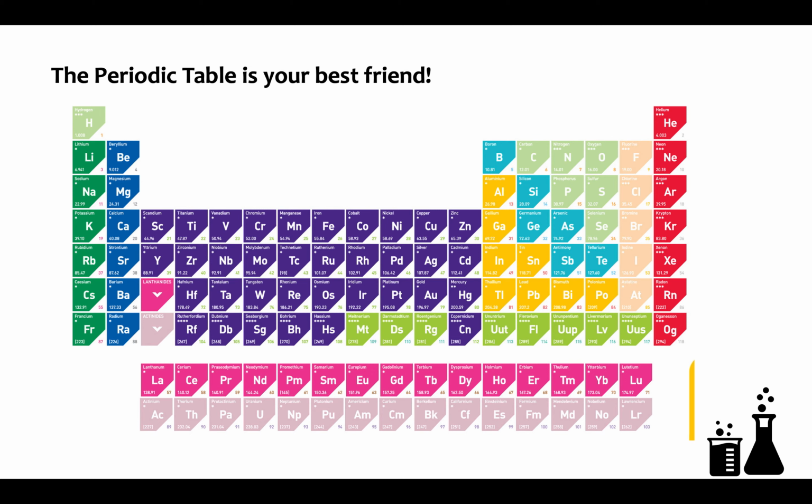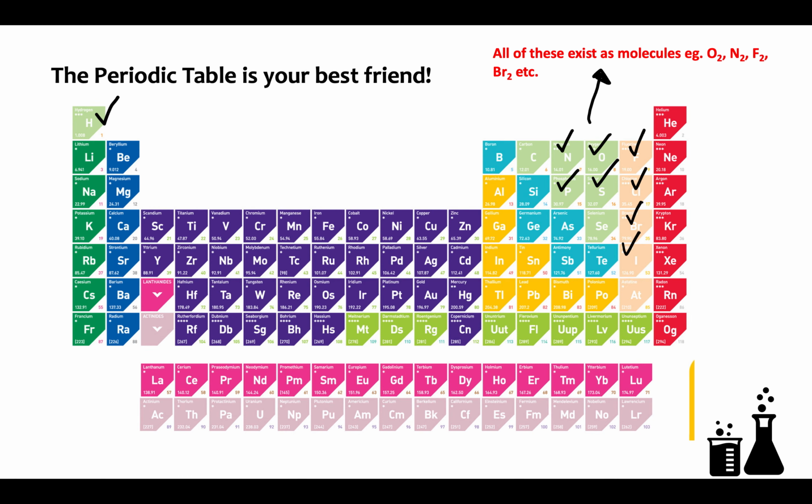Okay, and there are 9 that you've got to be aware of in the National 5 course, and I have ticked these here for you. So oxygen, nitrogen, fluorine, bromine, sulfur, phosphorus, and so on. All of these exist as molecules.